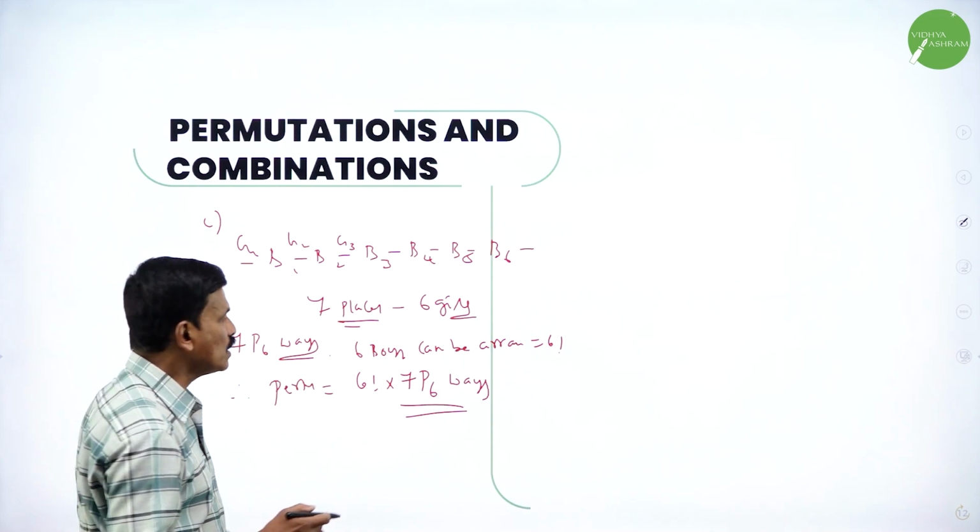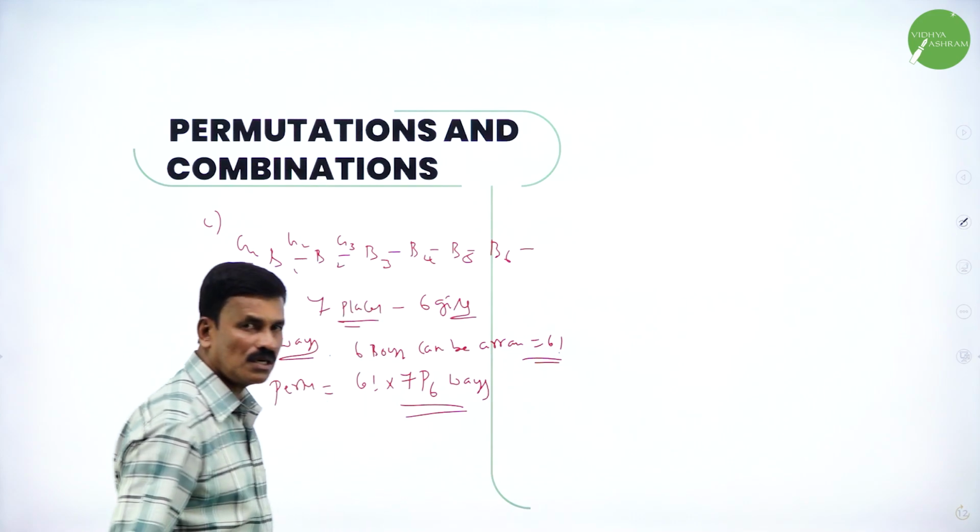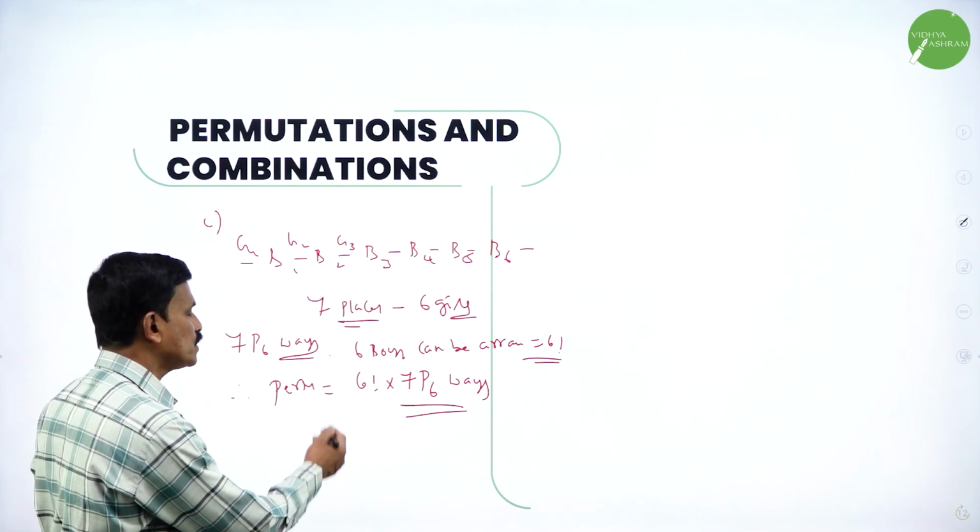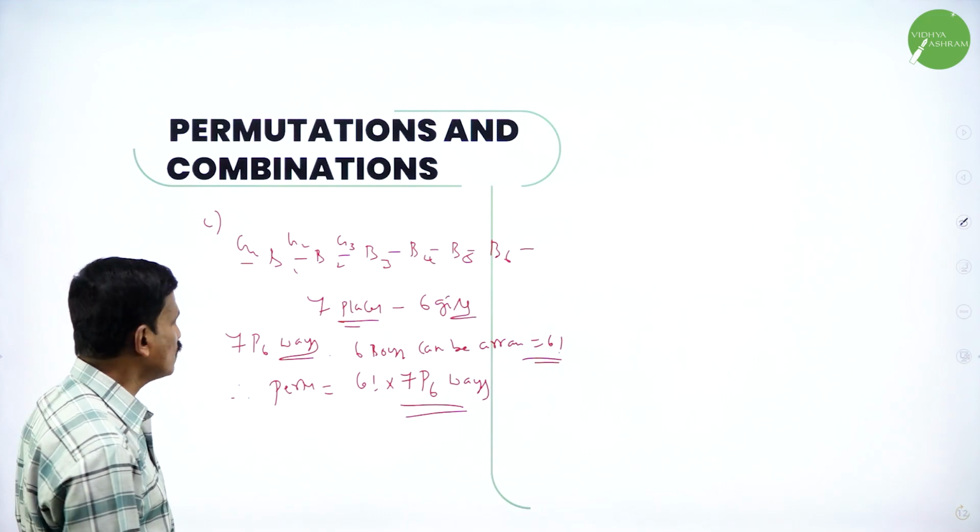And the 6 boys can be arranged in 6 factorial ways. Therefore, the required permutation is 6 factorial into 7P6. That's the required answer.